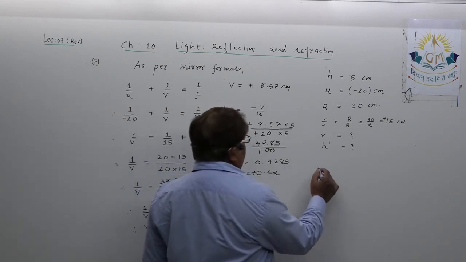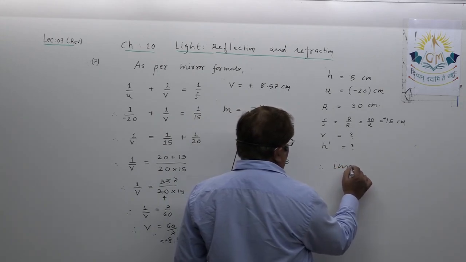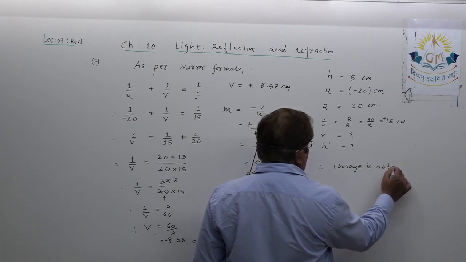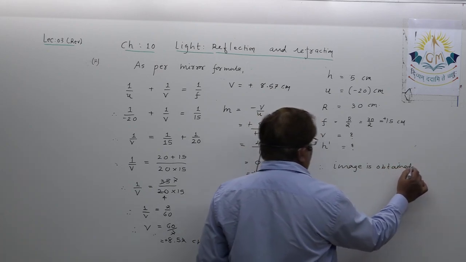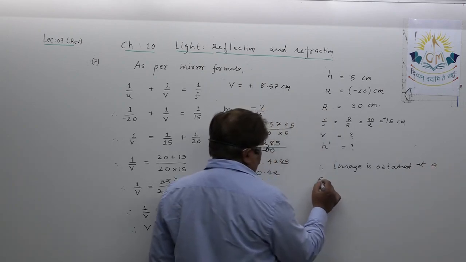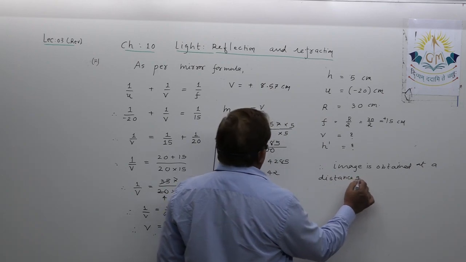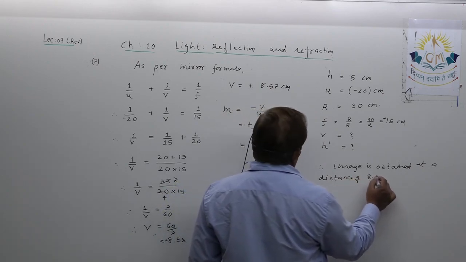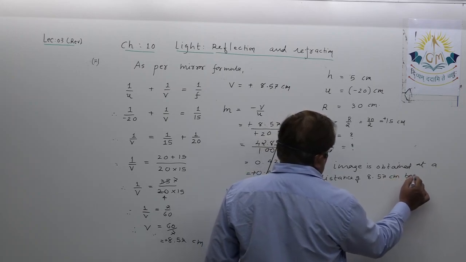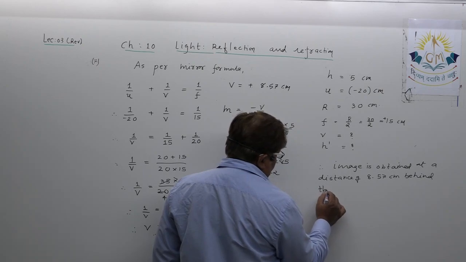What is your final answer? You will write this way, the conclusive statement: image is obtained at a distance of 8.57 centimeter behind the mirror.